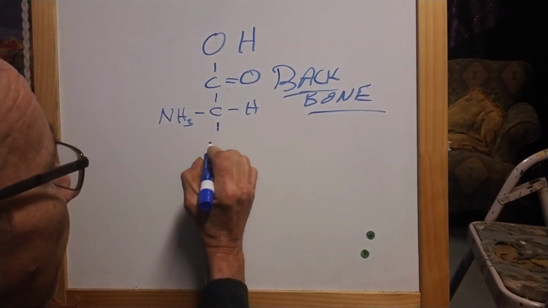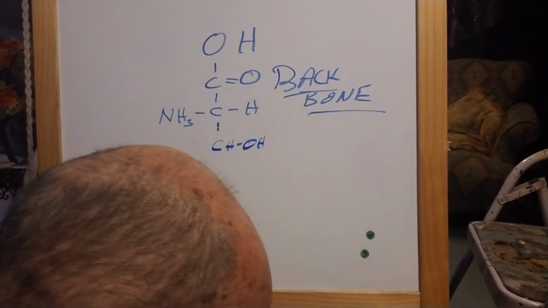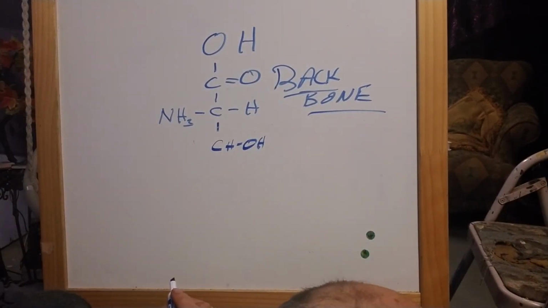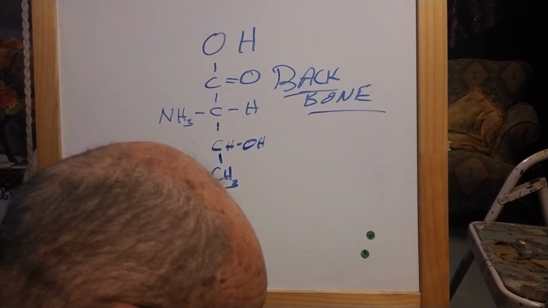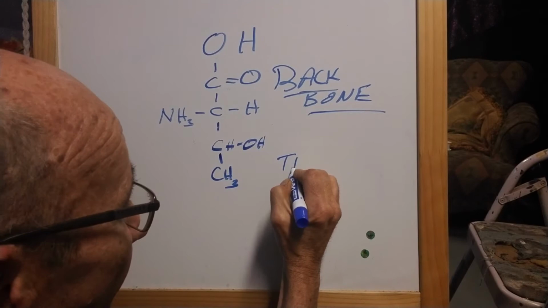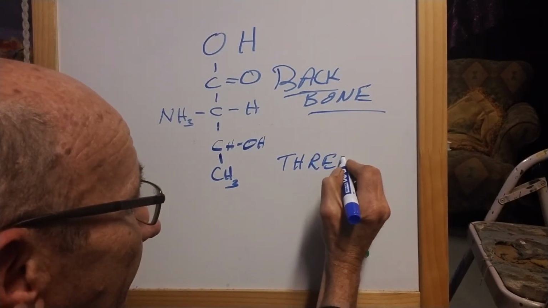Then we have CH, OH, CH3. And that's called threonine.